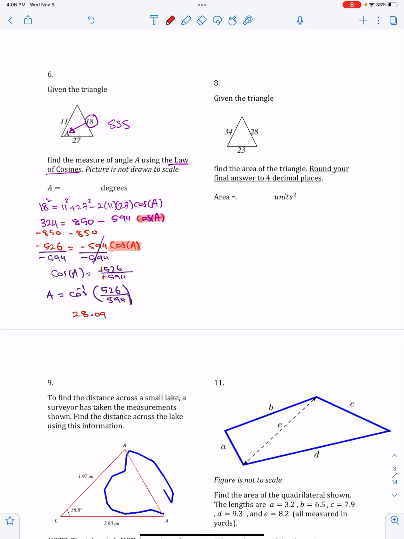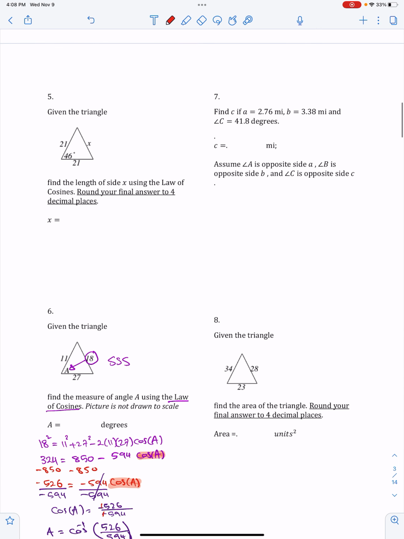I think there is a mistake here. Yeah, so the angle is equal to 27.68 degrees, rounded to 2 decimals.